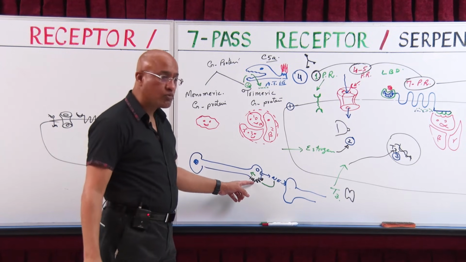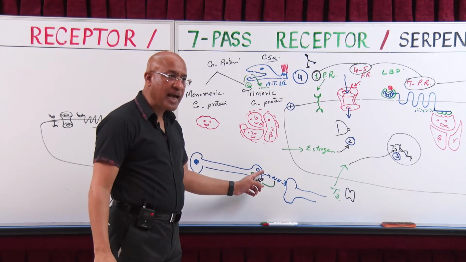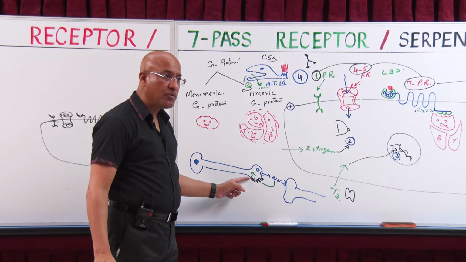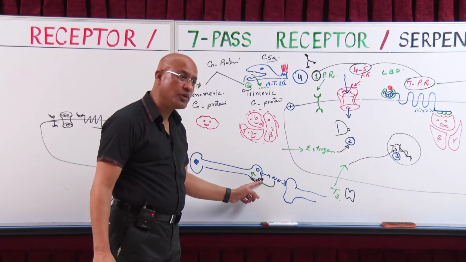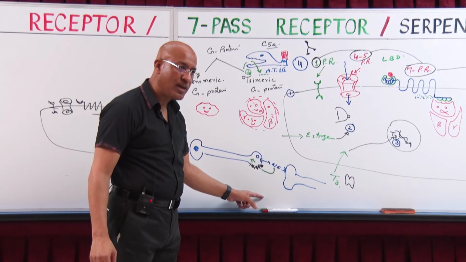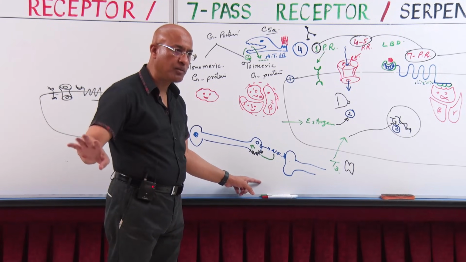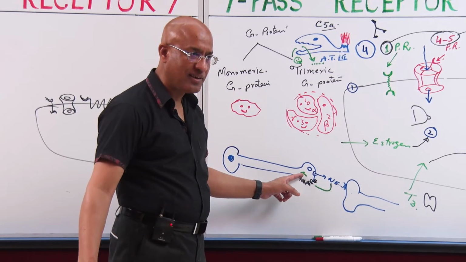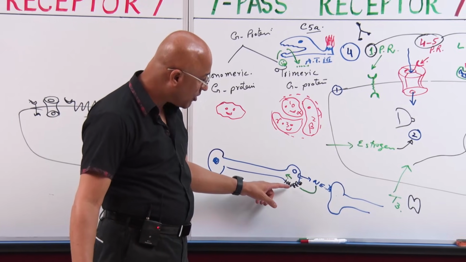What is the function of this 12-pass receptor? They act as a reuptake mechanism for the released neurotransmitter. Some of the neurotransmitter will diffuse away and be catabolized somewhere in the body, but much of it will be reuptaken.